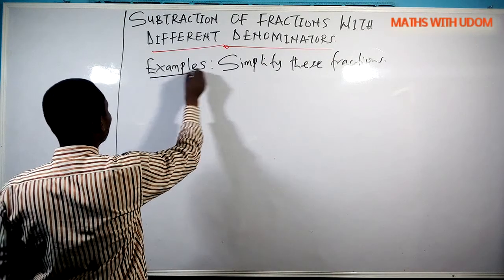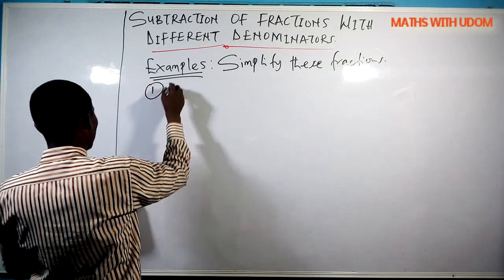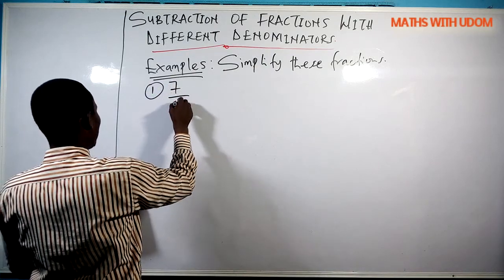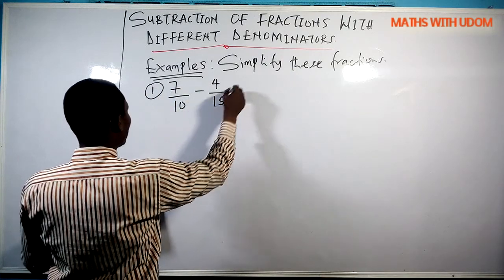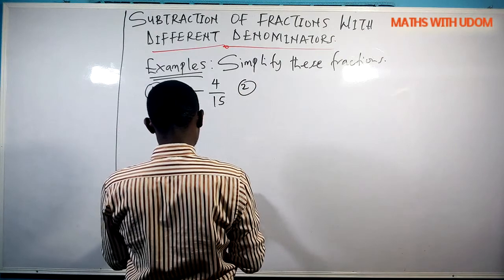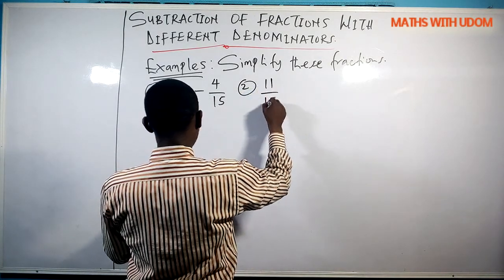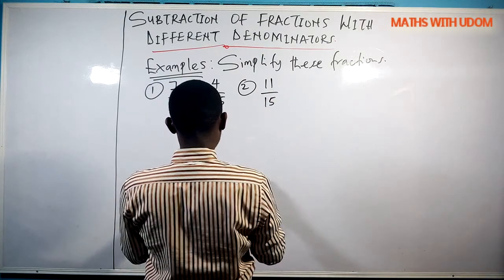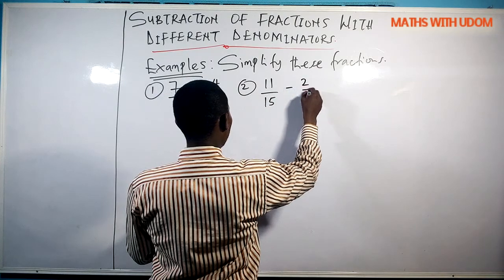Number 1, we have 7 divided by 10 minus 4 divided by 15. Number 2, we have 11 divided by 15 minus 2 divided by 5.